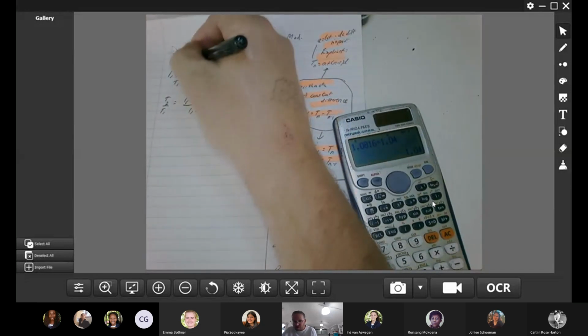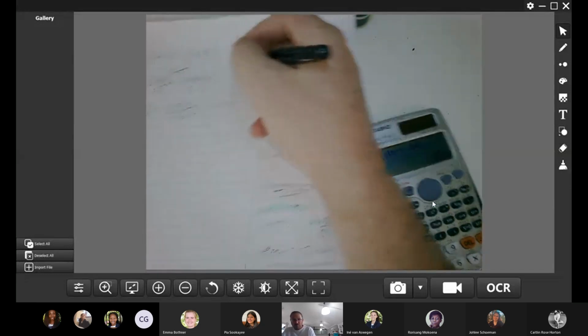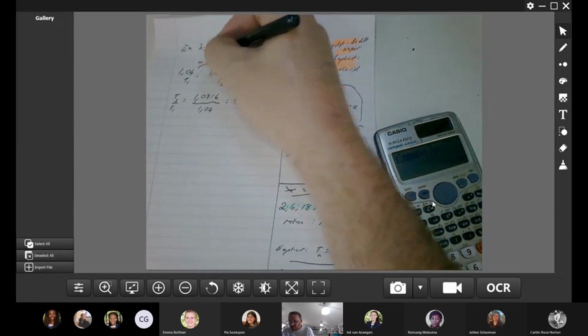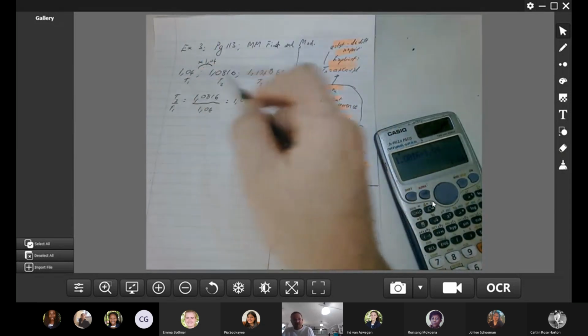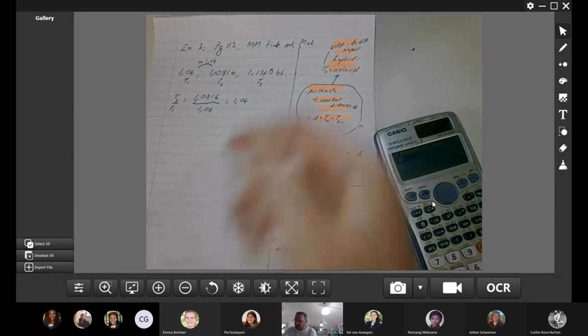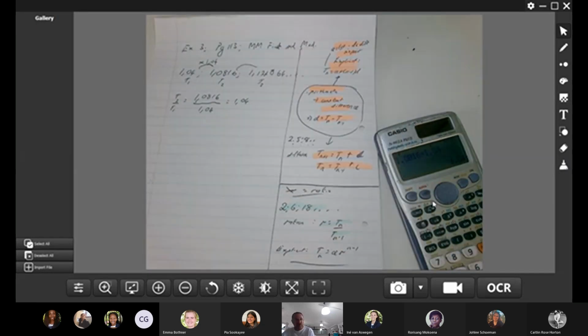In other words, I've timesed by 1.04 to get from this term to that term. So it'll be geometric if I'm timesing by 1.04 to get from that term to that term.